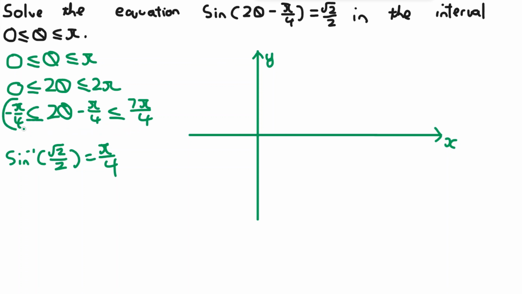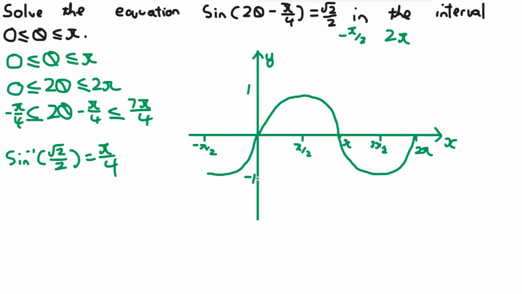Again, because this is quite specific intervals, it's quite hard to draw it in this interval. I'm instead going to draw it in the interval minus pi over 2 on this side to 2 pi on this side. So it's going to start from here and it's going to come up. This is going to be at 1 and this is going to be at -1. And let's say root 2 over 2, let's say it's about here.